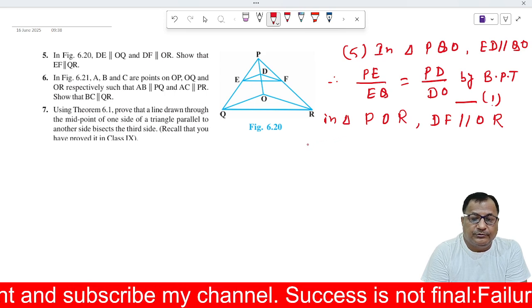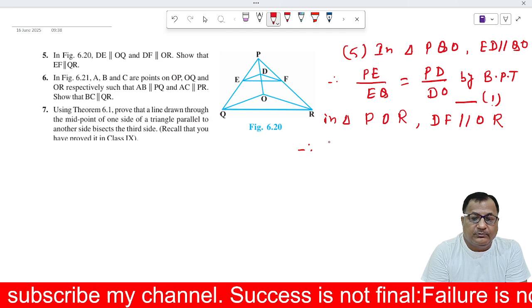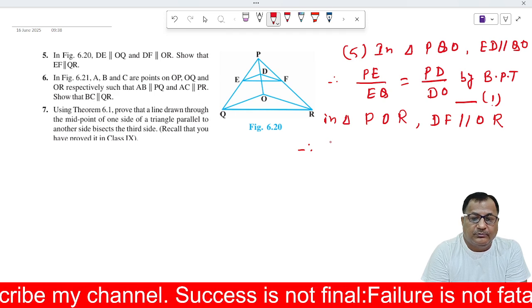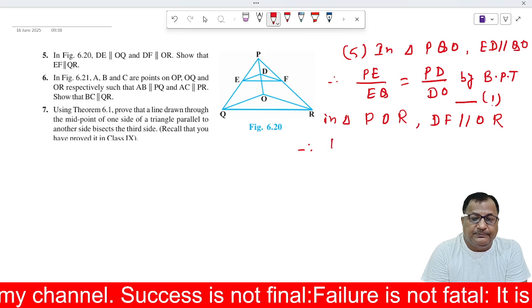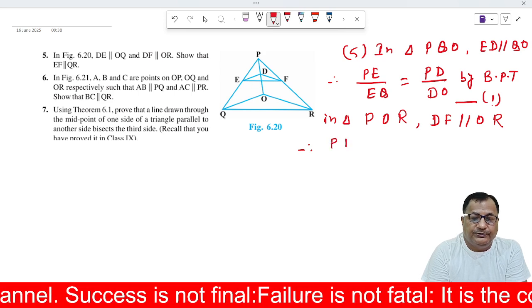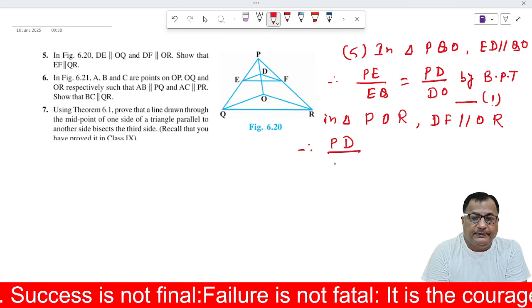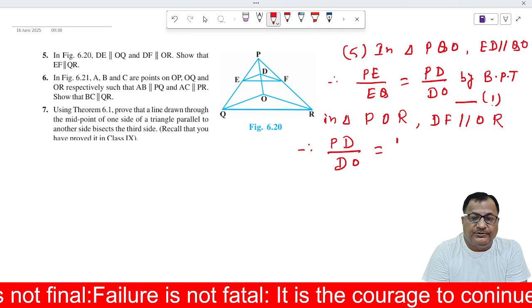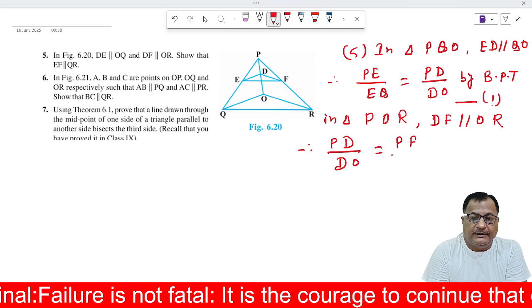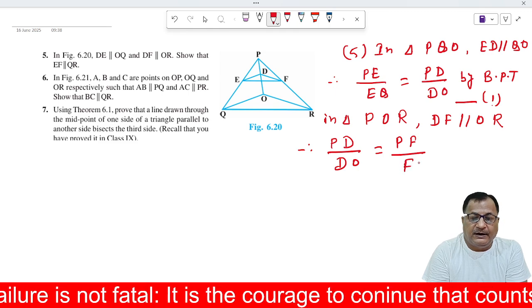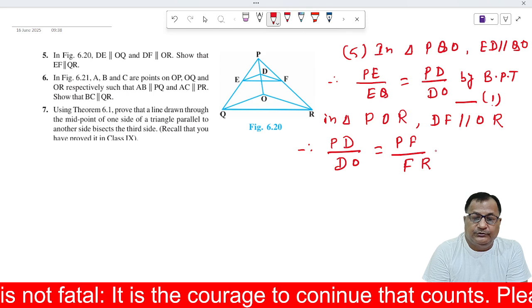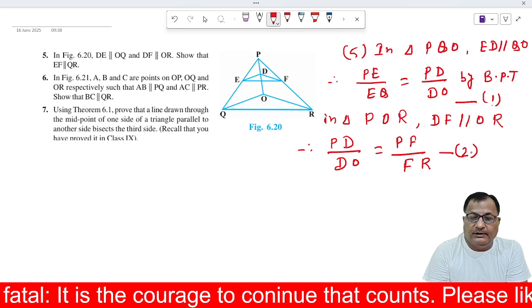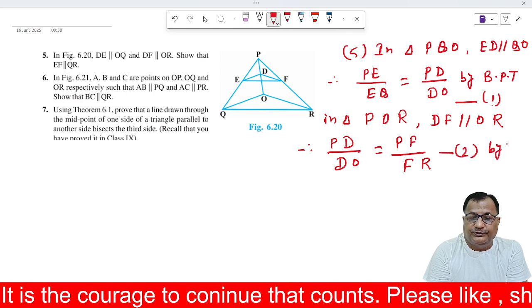So therefore, by BPT, PD by DO is equal to PF by FR. This is 2, and this is also by BPT.